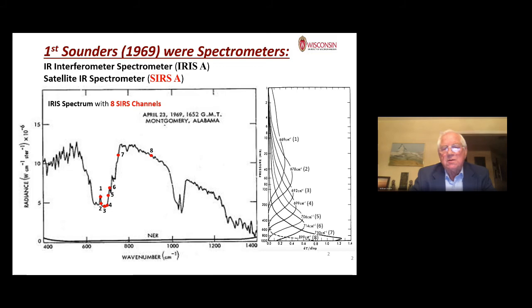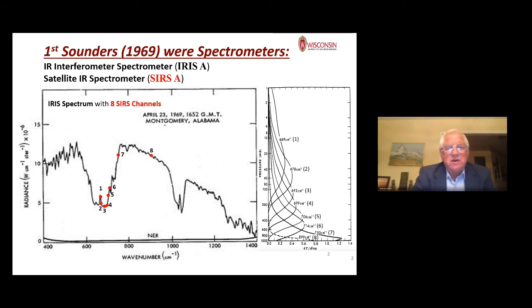So this is channel 1, 2, 3, up to channel 8, showing how as you go from the very absorbing part of the band, where the emission only from high levels gets to space, to the less absorbing region of the band, where the energy from low levels can escape to space, the signal comes from lower and lower altitudes of the atmosphere. And this, of course, is the way you sound the atmosphere: by making measurements at different spectral channels, which gives you radiation from different layers of the atmosphere.